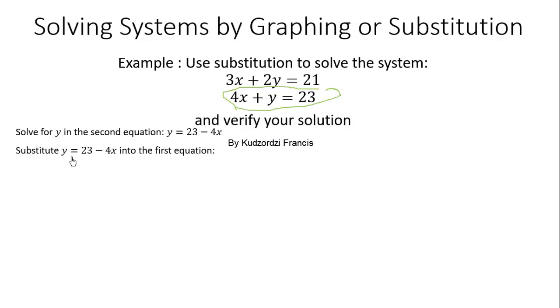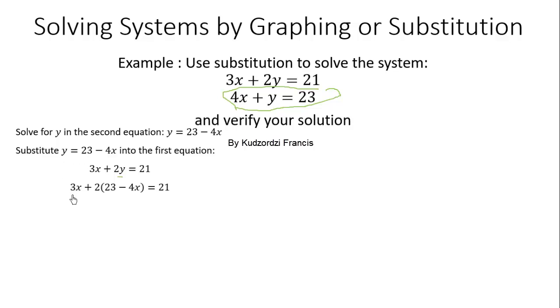So we substitute y equal 23 minus 4x into the first equation, because we made that, we solve for y in the second equation, so we must put it into the first equation, and that will give us this expression. So this is the first equation. Wherever we see y, we replace with 23 minus 4x.